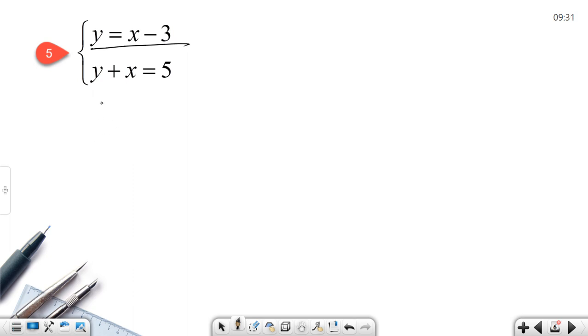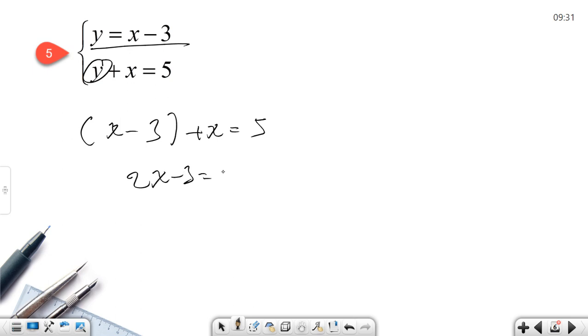y equals x minus 3 is given. So in place of y, I'm going to write x minus 3 plus x equals 5. So x plus x is 2x, minus 3 equals 5, not 8, sorry. It's going to be 8 after adding 3 to both sides, 2x equals 8, x equals 4. I found that the x value is 4. Now use one of the equations, it doesn't matter which one, but y equals x minus 3.